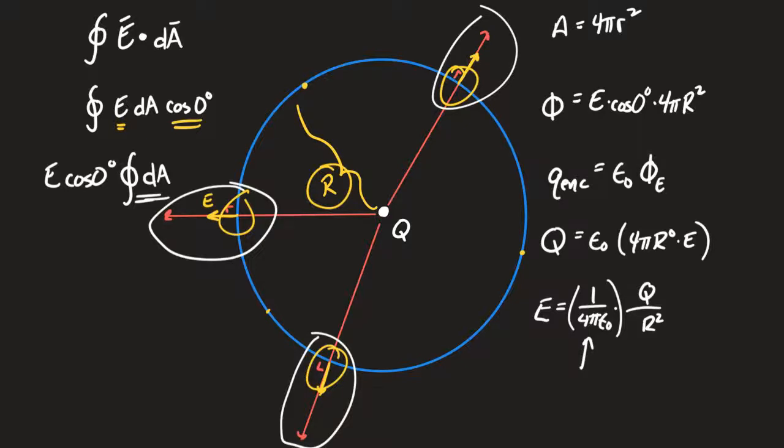And just to make sure that you kind of see that, I'd like you to figure out what this value would be using the accepted values for 4, pi, and epsilon naught.